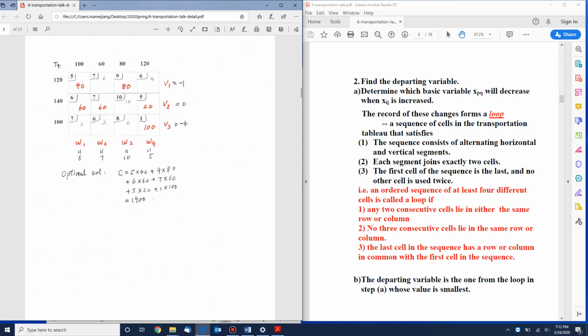So at this stage, we reach our optimal solution, that is cost z equals 1,900 at x11 equals 40, x13 equals 80, x21 equals 60, x22 equals 60, x24 equals 20, and x34 equals 100. The rest of the other xij equal 0.